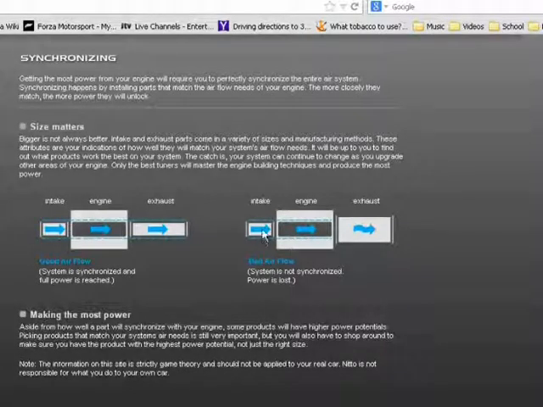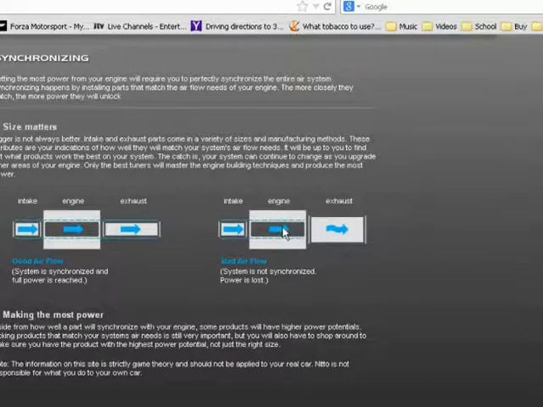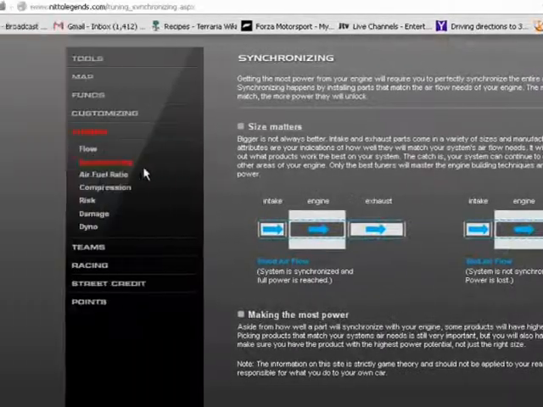Same concept with a bigger intake: you might have such a big intake, but your engine can only induce 70% of air, and this little intake right here can induce that 70%, making it 100% flowable. So it's the same concept of what I told you before.